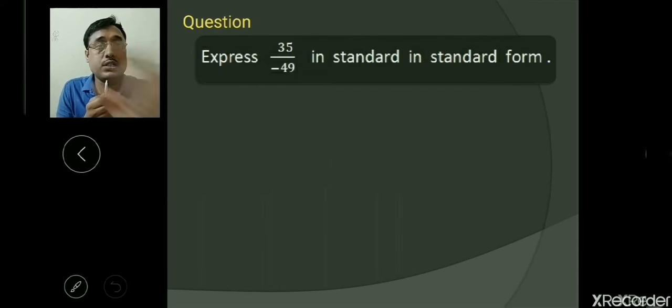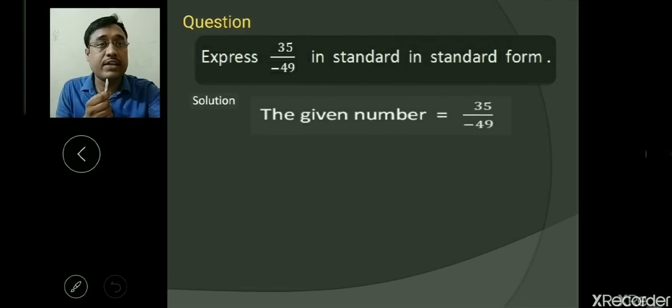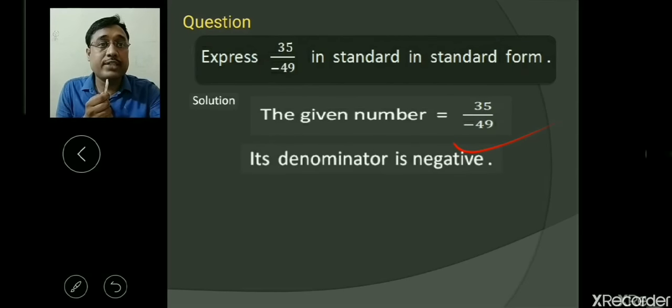Next you will see the question. Express 35 by minus 49 in standard form. So how will you do this? I think you will be able to solve this now. In the solution, the given number is 35 by minus 49. Okay students? Its denominator is negative, minus 49.